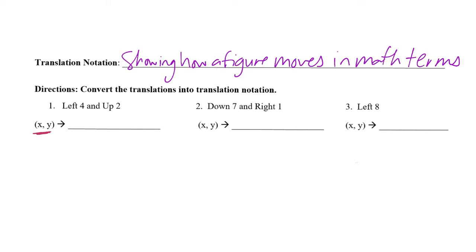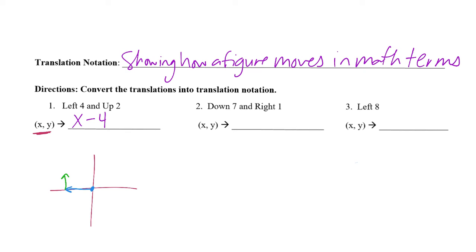Well, when we move to the left, that affects the x value. So that's going to go with the x. So if you think of it kind of like an axis, if we're starting in the middle at 0, 0, and we're going to go left 4, that's going to go to the negative side on the x-axis. So it's going to be x minus 4. And then up 2.